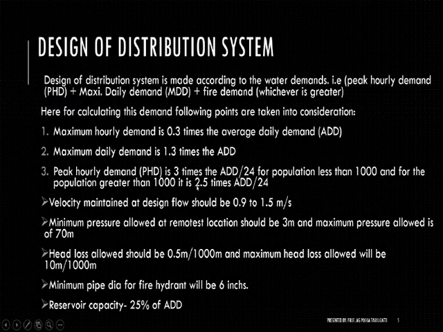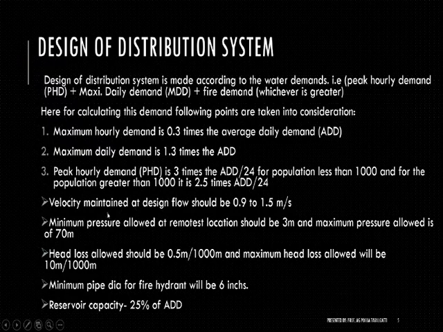So generally, taking peak hourly demand as 2.5 times the average daily demand divided by 24, as we are considering hourly demands. So we divide the daily demand by 24, and whatever comes, that will be your peak hourly demand. Okay, so you need to consider this while designing your water distribution system.